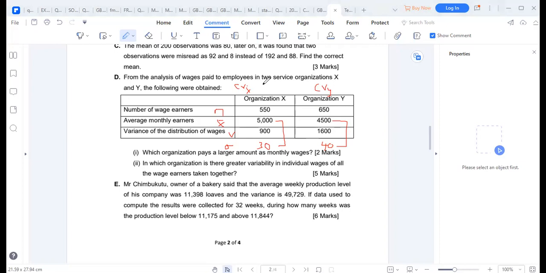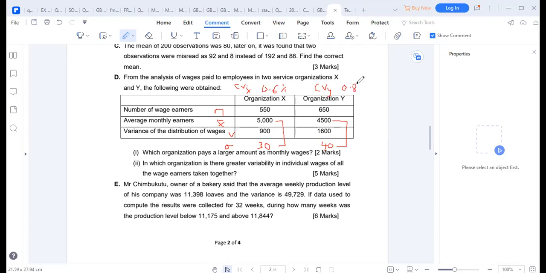Here you're getting 0.6%. The one that has a higher percentage has more risk. Then here we have 40 divided by 4,500 times 100. You get 0.88%.